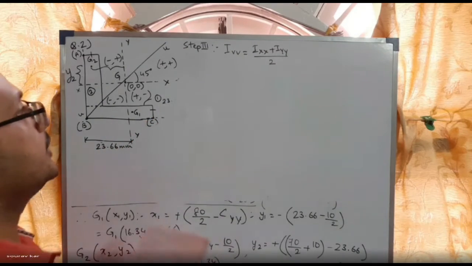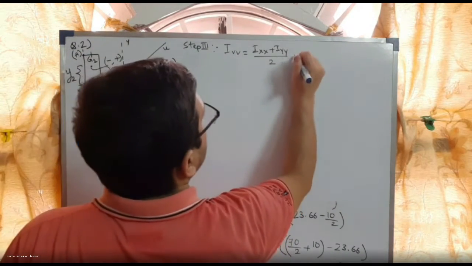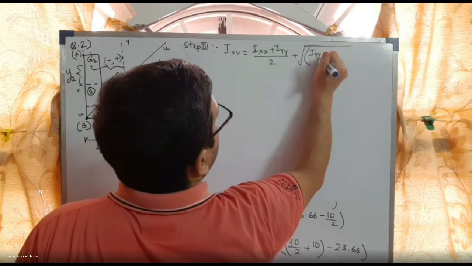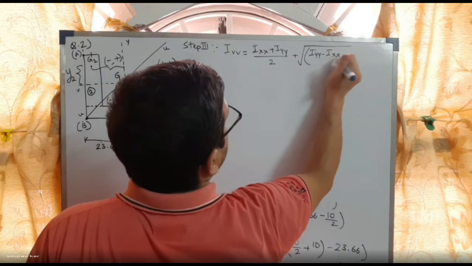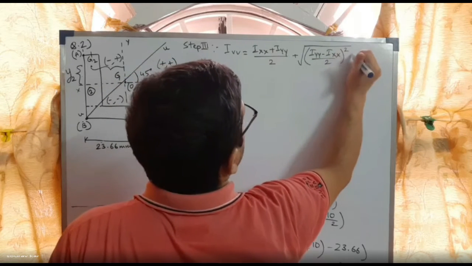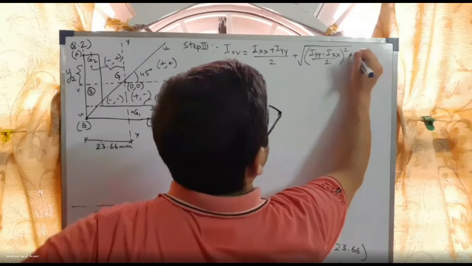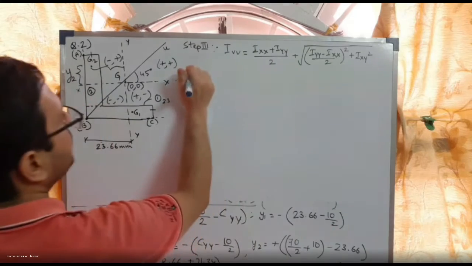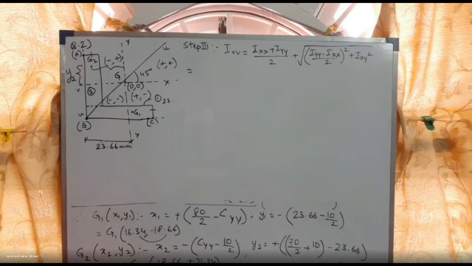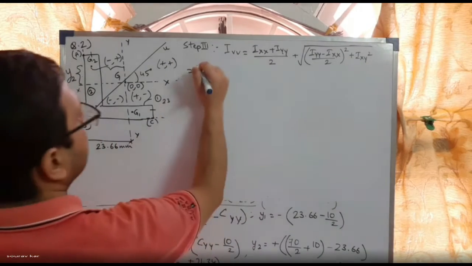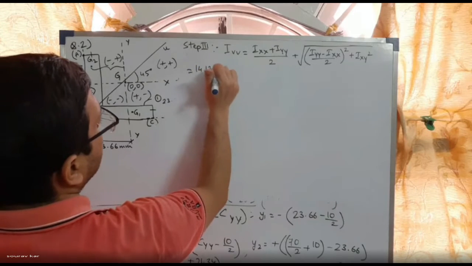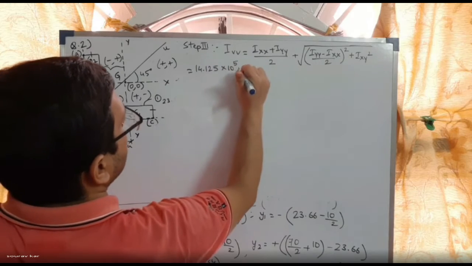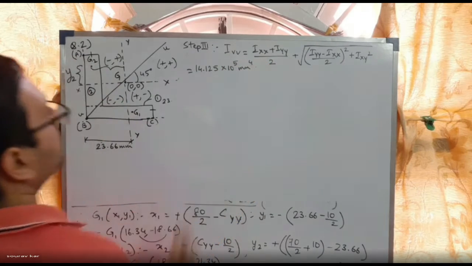No problem. IVV is IXX plus IYY by 2 plus square root of IYY minus IXX by 2 whole square plus IXY square. You put these values, you will get the answer, which is coming 14.125 into 10 to the power 5 mm to the power 4.